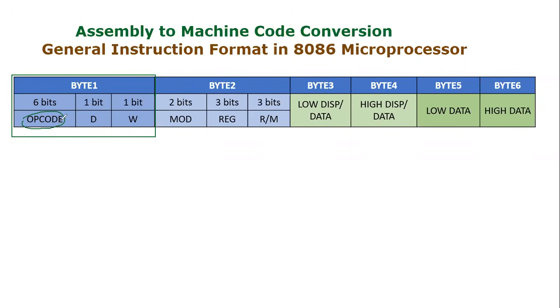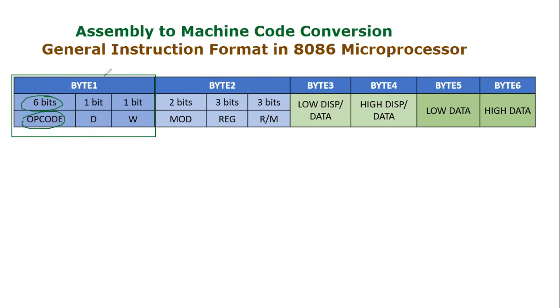For example, for move there will be one opcode, for add there will be some other opcode, for push there will be some other opcode. And we do not need to worry. But the important point to note is that this opcode is how many bits? 6 bits. So in the first byte, 6 bits are the portion of the opcode.